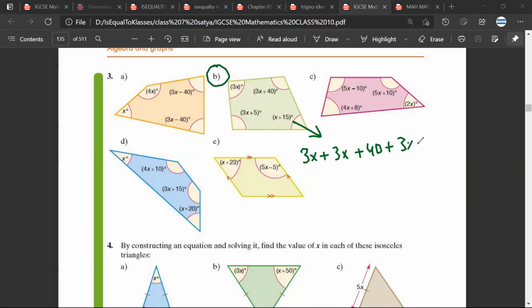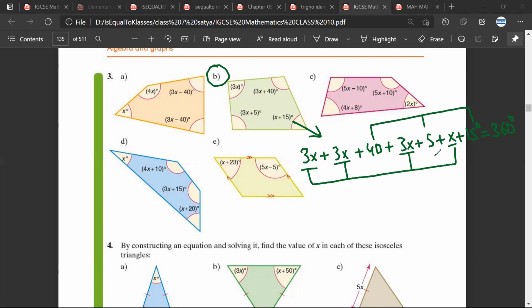So we need to collect all the x, which would be 3x plus 3x plus 3x plus x, which should be equal to 10x plus 55. 3, 6, 9, 10, 10x, 45, 60. Sarthak, is it okay? Yes, sir.